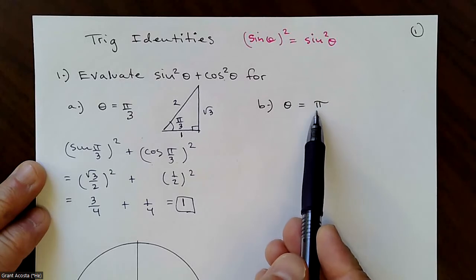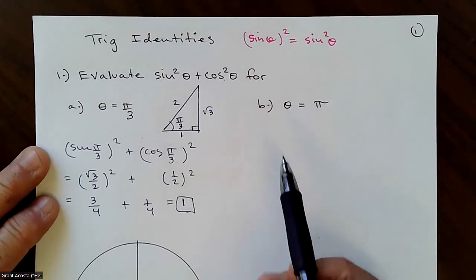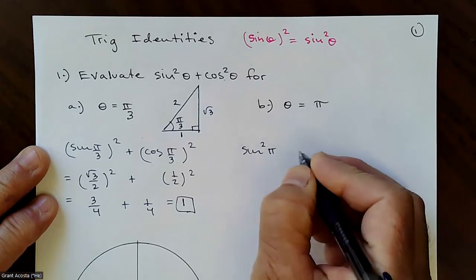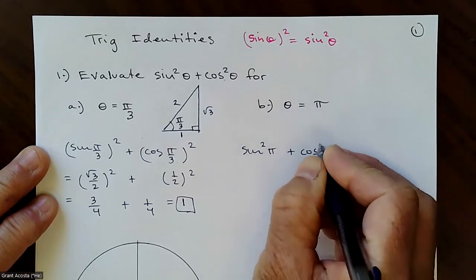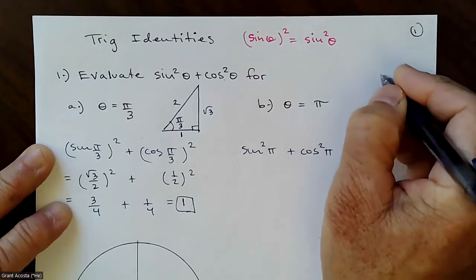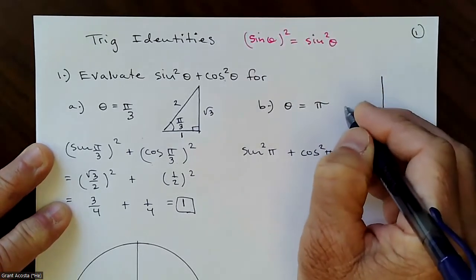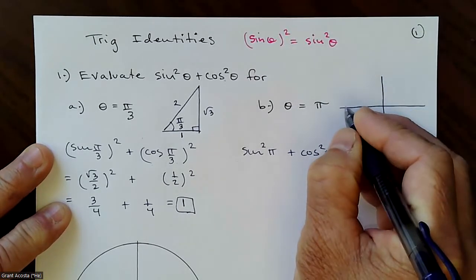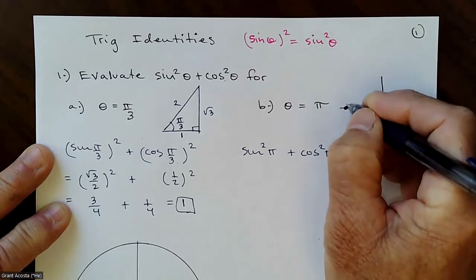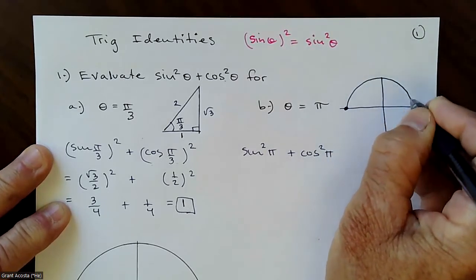Let's see what happens if we use a different angle, like pi. Now I'll write it in this notation: sine squared of pi plus cosine squared of pi. For pi, recall if you have an angle like pi that puts you on one of the axes, you can think about the unit circle.